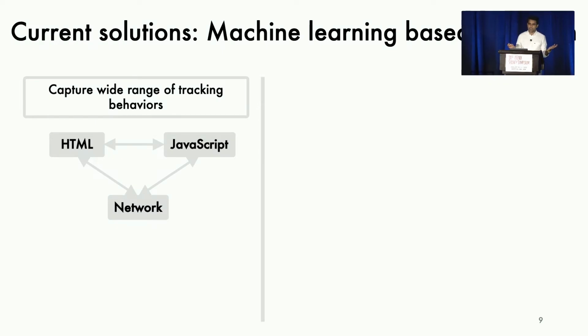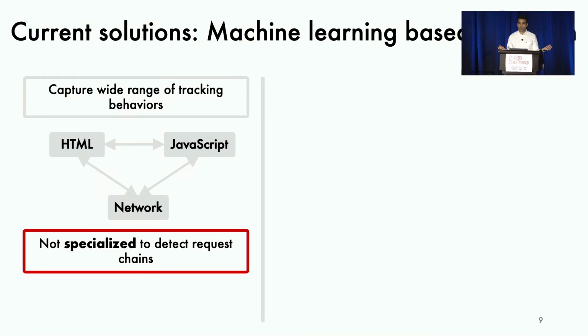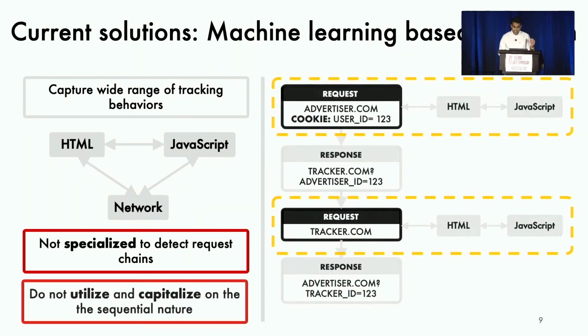These approaches perform excellently in terms of detecting generic tracking behavior, but they're not very effective at detecting specialized tracking behavior, like the one carried out through request chains or fingerprinting, for example. Their main limitation is that they do not utilize the necessary context to effectively detect request chains. For example, to detect this cookie syncing request chain, these approaches will operate on individual requests in isolation and will not use any information learned about the chain so far.